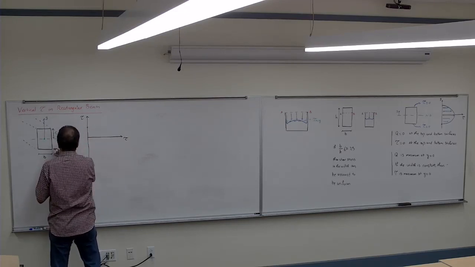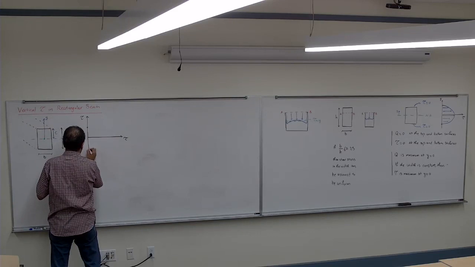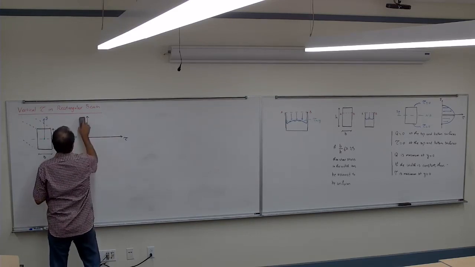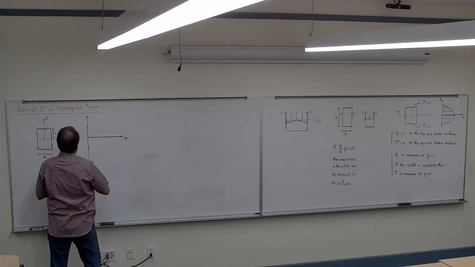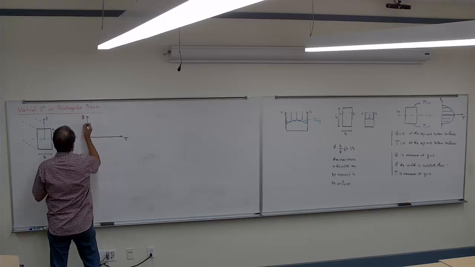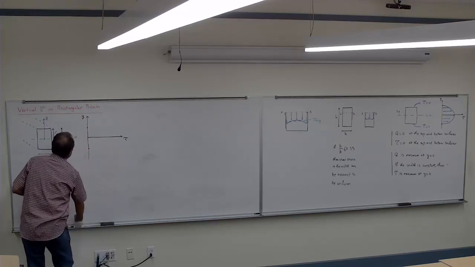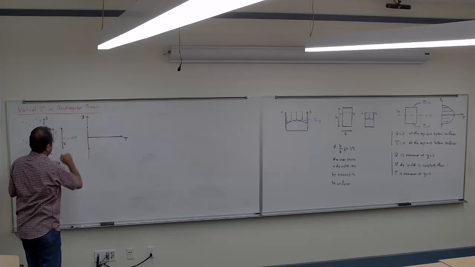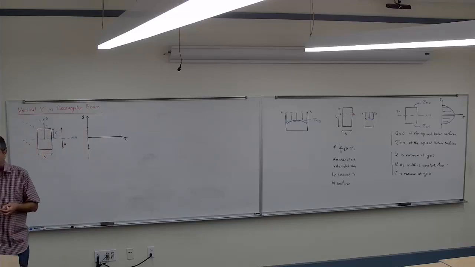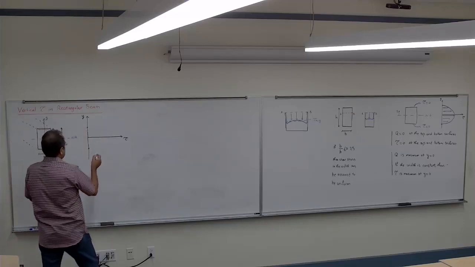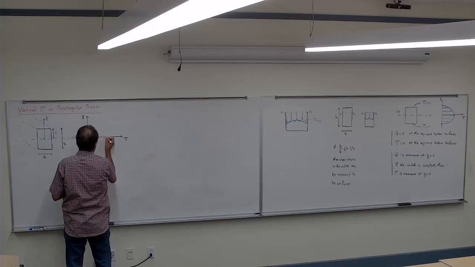Oh, that's why, yeah. Thank you. I'll fix it. Yeah, the vertical is Y. So we know that the tau would be 0 at the top and bottom surface, and it's going to maximize at the center somewhere. So it's going to become maximized, for example, somewhere here.